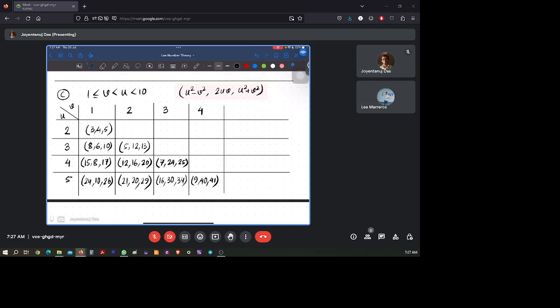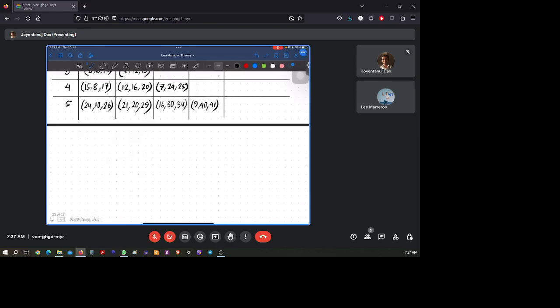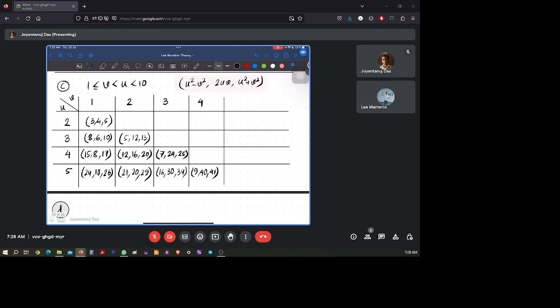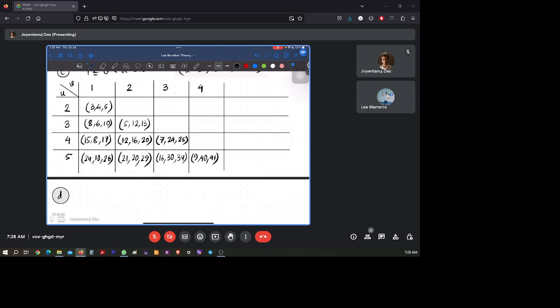And part D, what they're asking is, which ones are primitive? Using your table, find conditions on u and v that ensure the triplet is primitive.